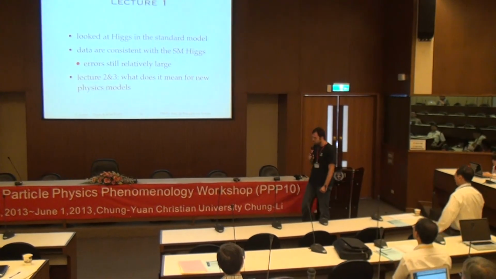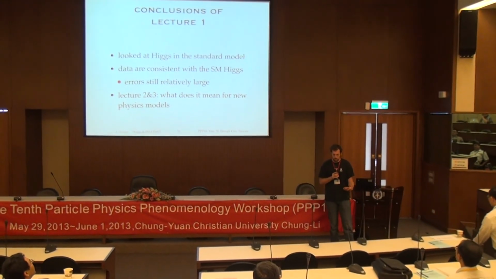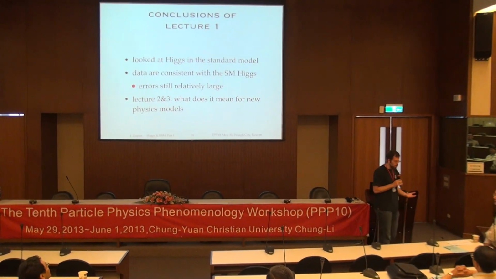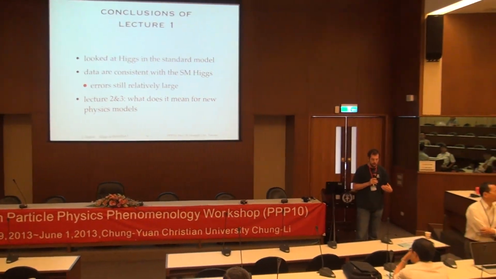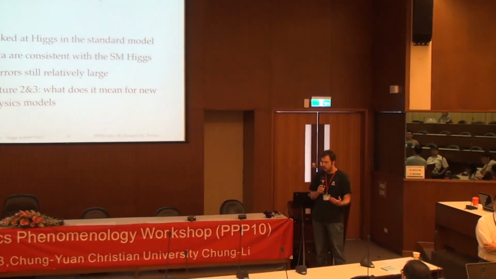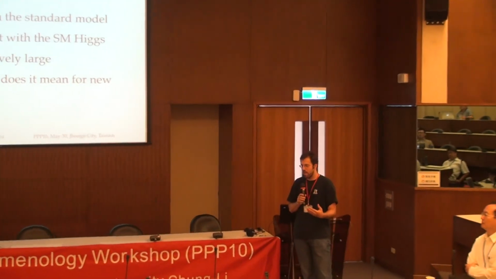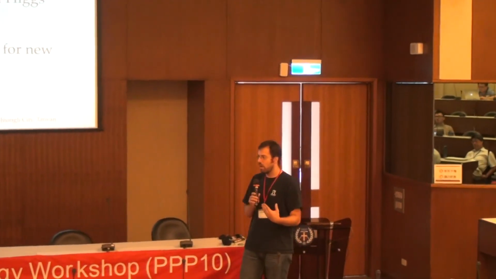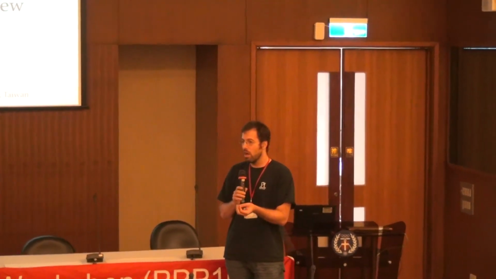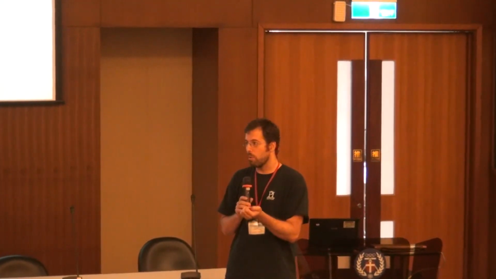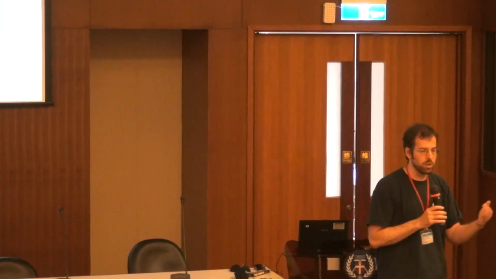Yeah, I didn't even want to go into the S and T parameters. Essentially, why it's useful is that the deviation is roughly the one loop correction, but not every one loop correction will be allowed. So it's a non-trivial constraint even on the one loop corrections to, let's say, the W self-energy or the WZ self-energies.